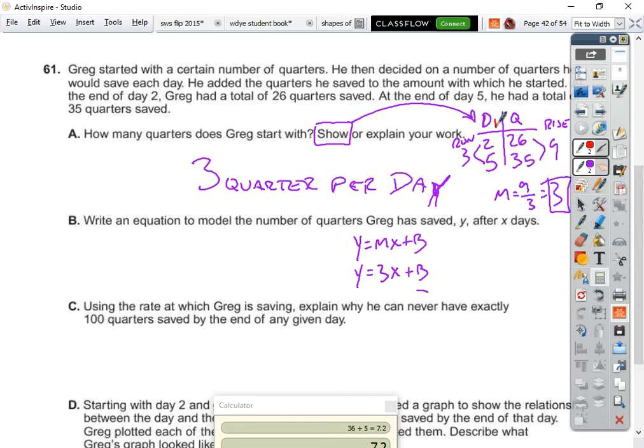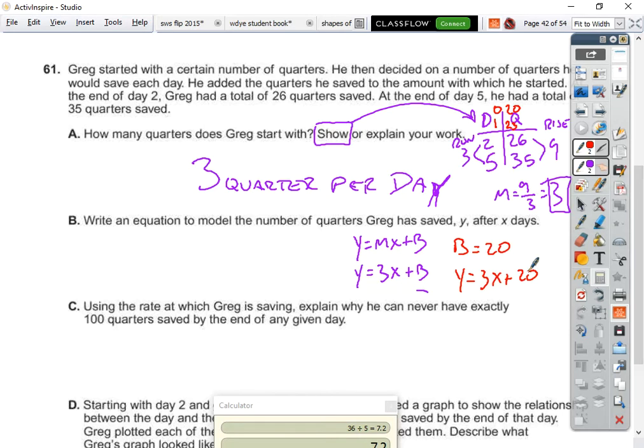So at day 1, I would have 26 minus 3, so it's 23. And at day 0, which is where you would start, we would have 20. So that means my y-intercept is equal to 20. So my final equation is y equals 3x plus 20.